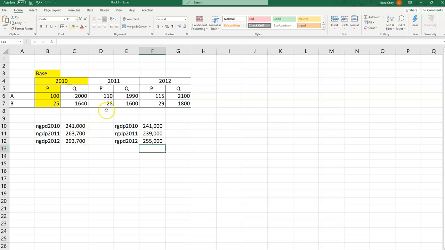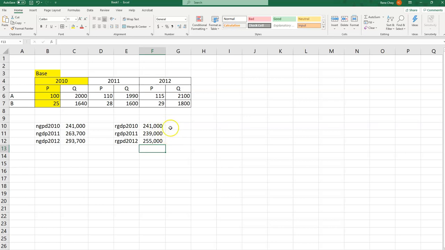In reality, though, the economy was probably shrinking between the year 2010 and 2011. Now, how would you know that? Well, real GDP uses the same prices, so it avoids this problem of prices going up or prices going down. So if you notice, between the year 2010 and 2011, this real GDP actually declined.